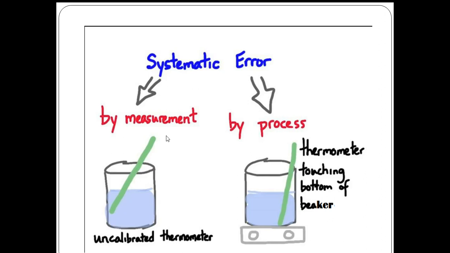So this is due to the measurement process, and this is due to the process. Improper measuring may cause the systematic error. We have to take appropriate precautions while taking the measurement to remove the systematic errors.